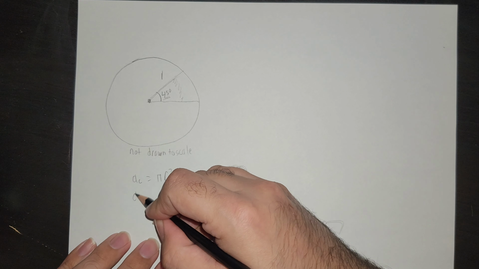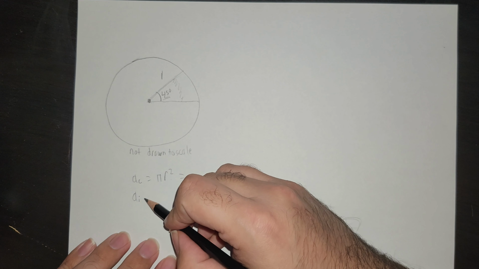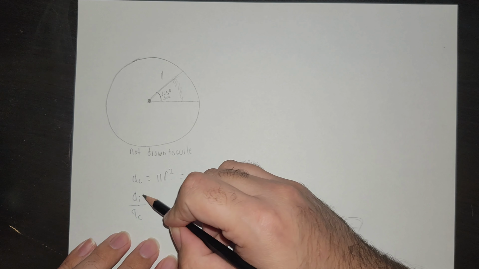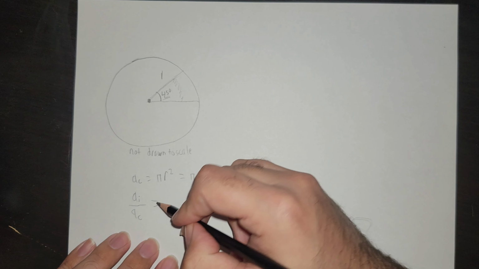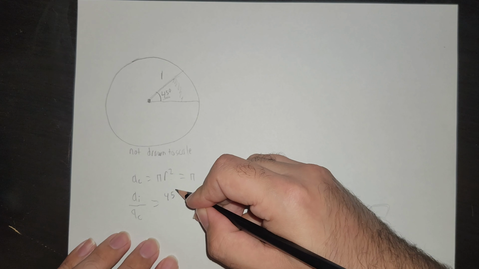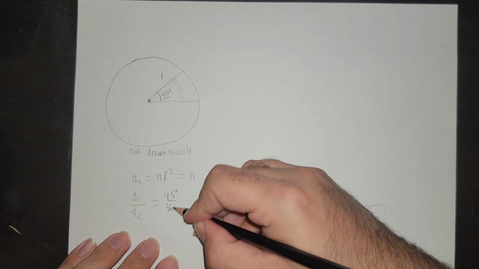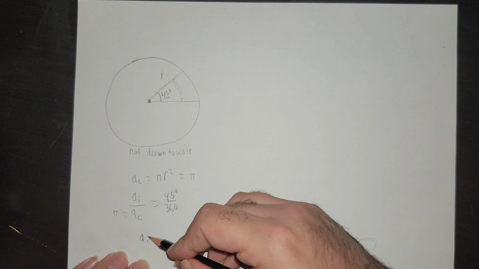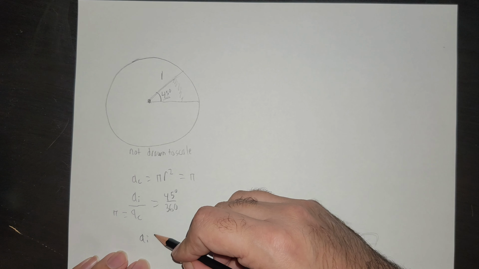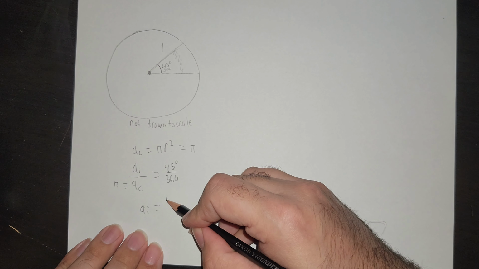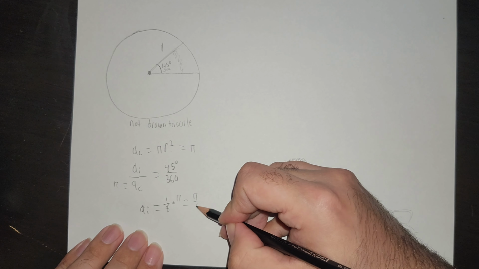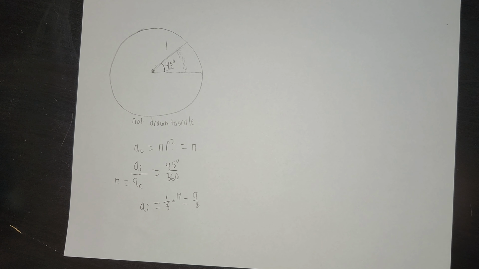So if we have something looking like area inside the angle over area of the circle, we have that ratio is equal to 45 over 360, and this is equal to pi, or pi over 8.